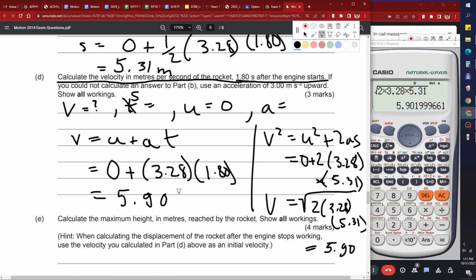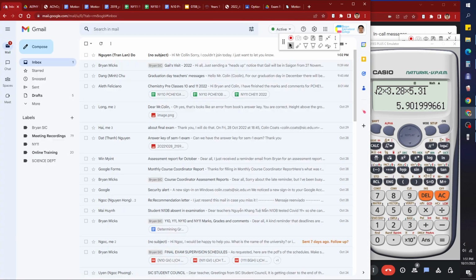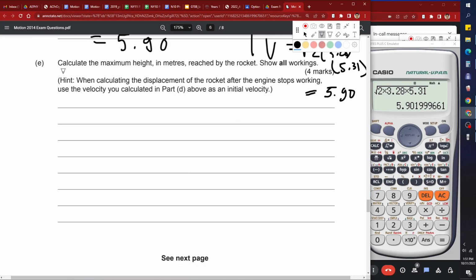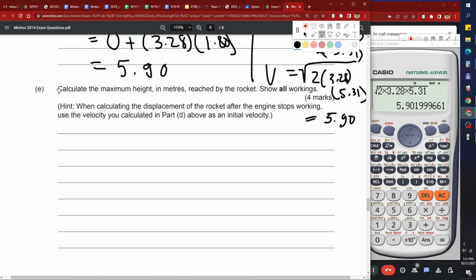It says in meters per second, so I guess we don't have to write this unit. The nice thing about the kinematic equations in motion is that there's more than one way to do it. Let me just double check my thing here. Okay, I did get something. Okay, last one before we take a little break here. Calculate the maximum height in meters reached by the rocket. Show all workings.